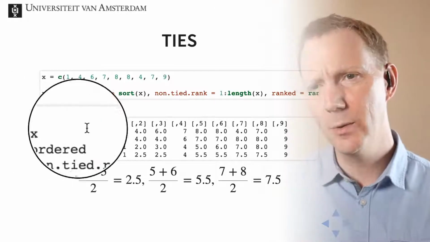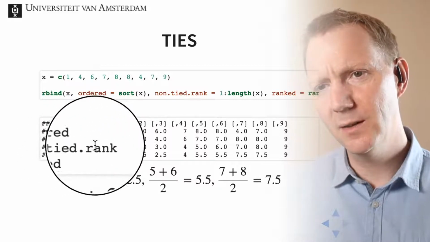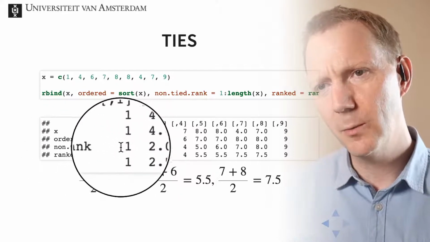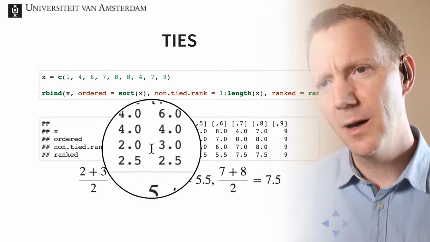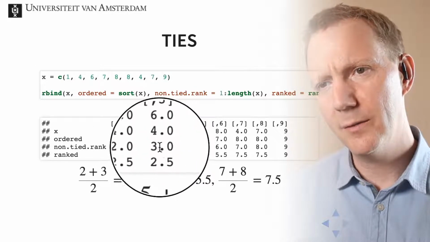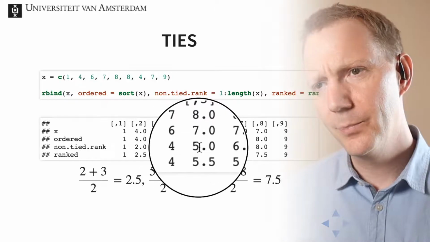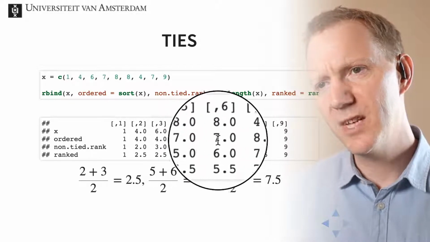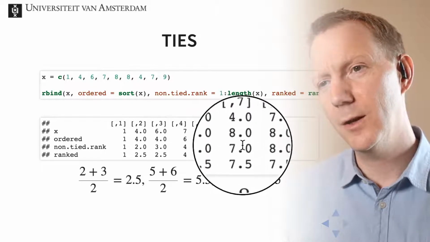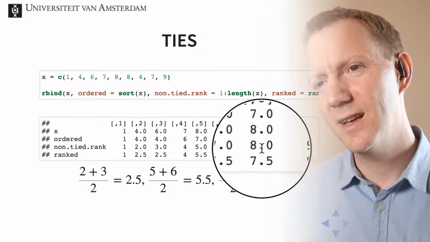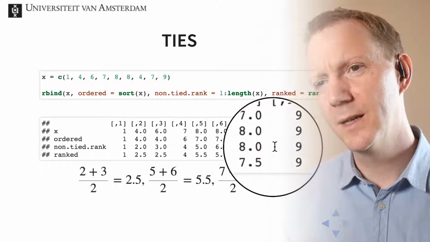So in this example, we're going to start with the non-tied ranks. We're going to start with 1. We're assigning a 2 to the next one, a 3 to the one after that, then a 4, a 5 for the first 7, a 6 for the next 7, a 7 for the following 8, an 8 after that, and we have the 9.